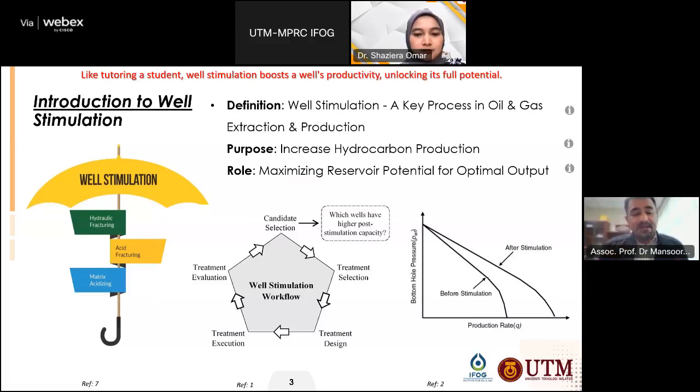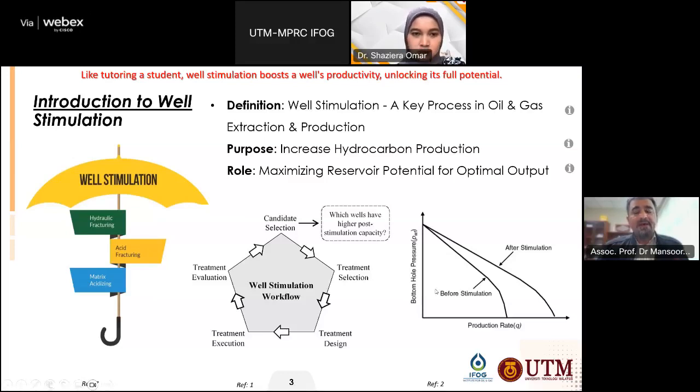On our slide here, you can see a flow chart that depicts various types of stimulation. We have hydraulic fracturing, acid fracturing, and matrix acidizing. And of course, we have a workflow that shows the different processes and steps in well stimulation, starting from candidate selection to treatment evaluation.